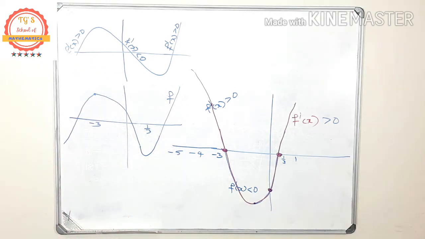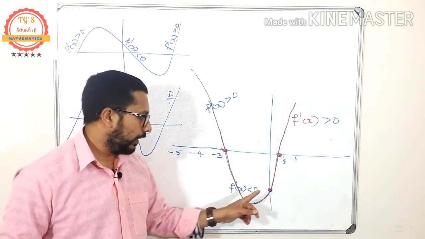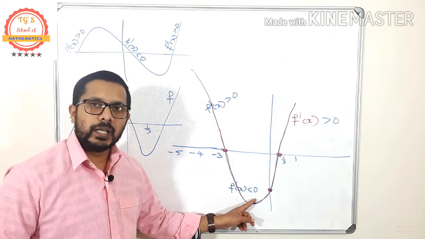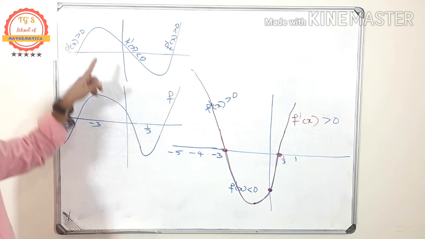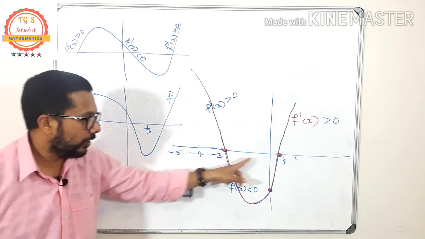From minus 3 to 1 over 3, f dash of x is less than 0. When f dash of x is less than 0, it means that the original graph is decreasing from minus 3 to 1 over 3.